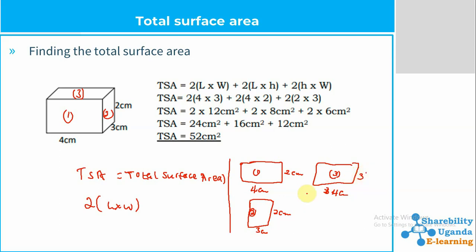So when we are finding the surface area, we want to find the surface area of this, this, and this.